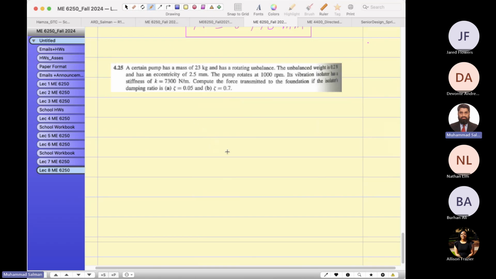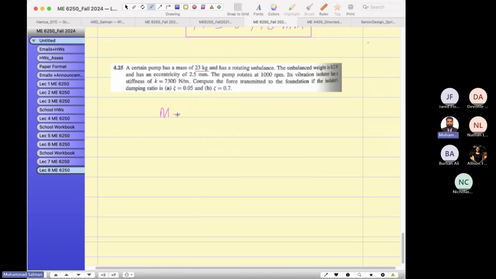A certain pump has a mass, the big M, correct? And it has a rotating unbalance. The unbalance weighs, the small w, I would say W U, which is 0.2 newtons. This is a little blurry, but this is 0.2 newtons.